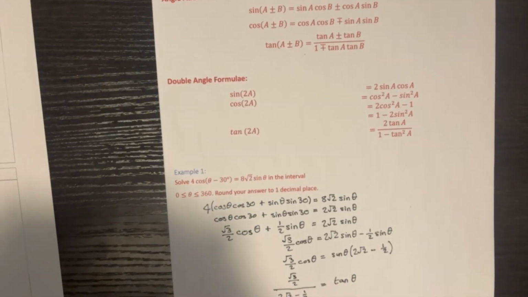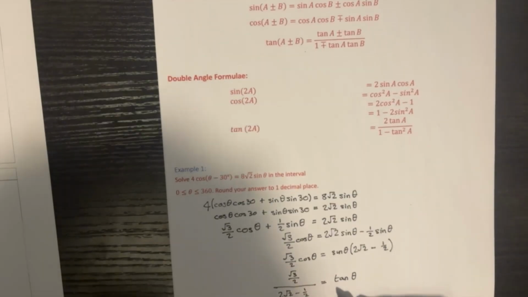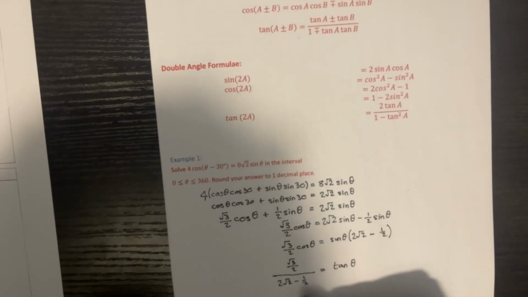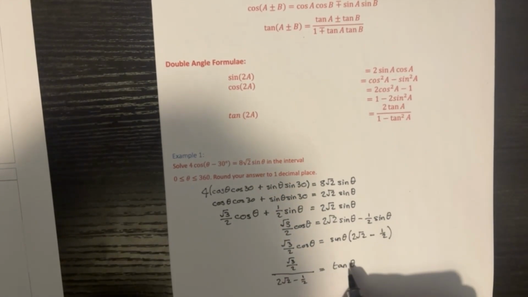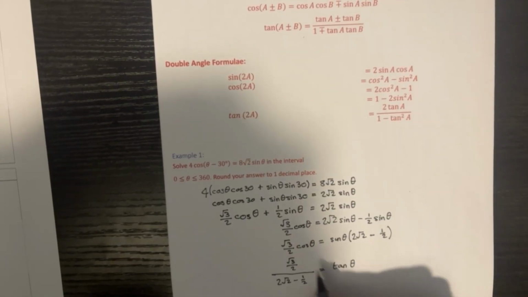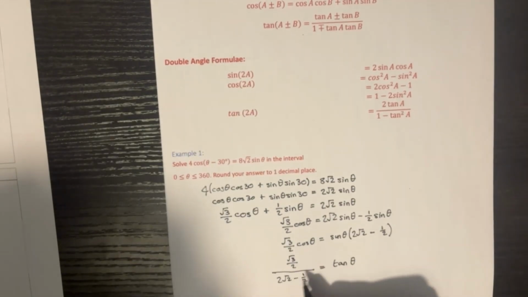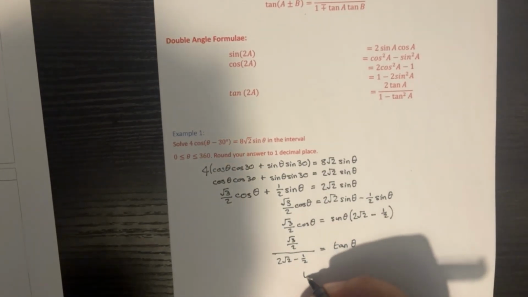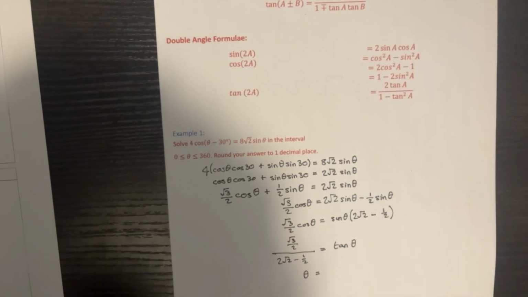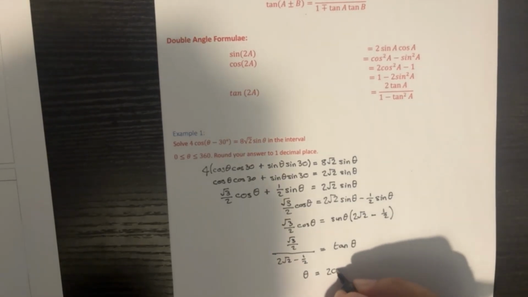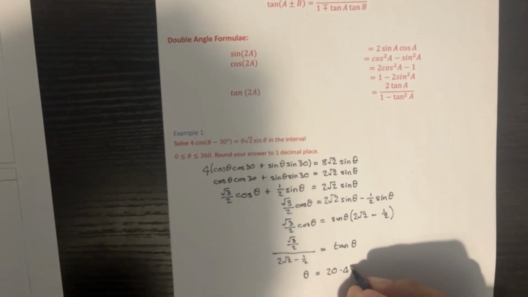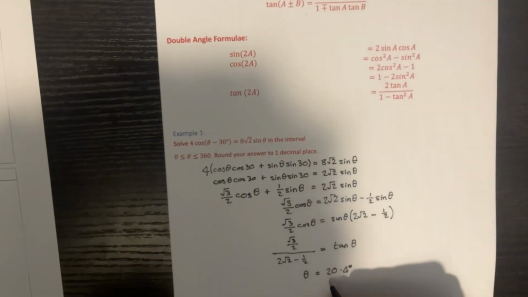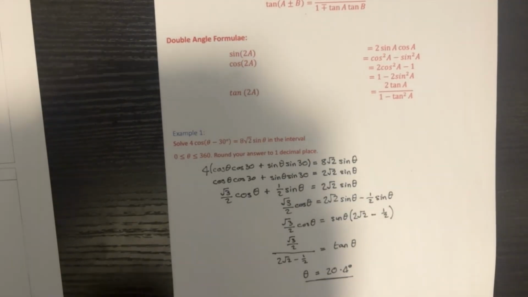I've got an expression for tan theta, and that would give me that theta is equal to 20.4 degrees. So that is one of our solutions.